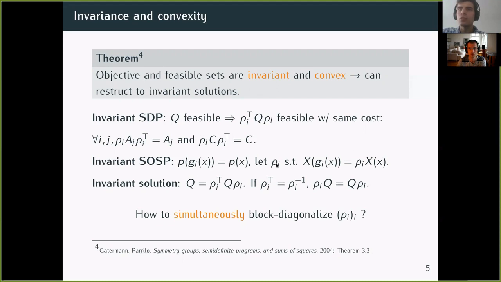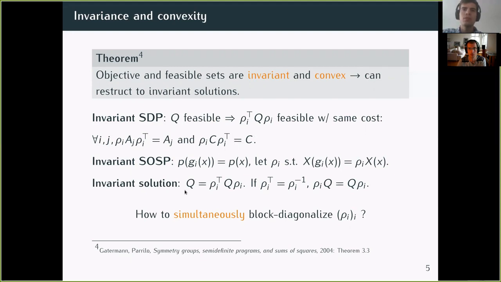Consider the matrices rho_i such that, if you look at the vector of monomials x, for which the variables are mapped by g_i, this is rho_i x, so rho_i is this linear mapping. Then the SDP will have this invariance.